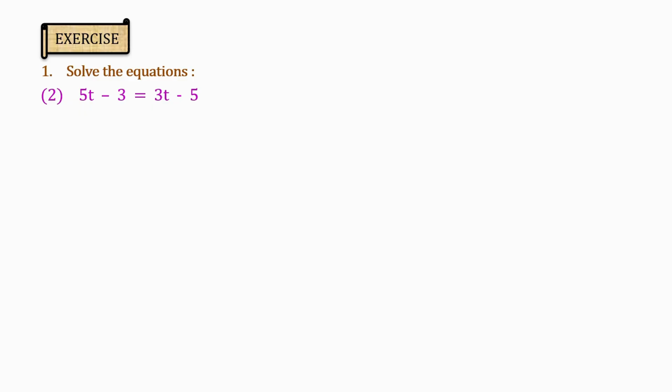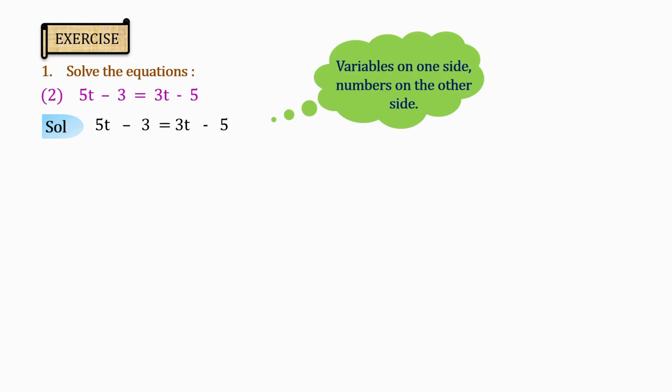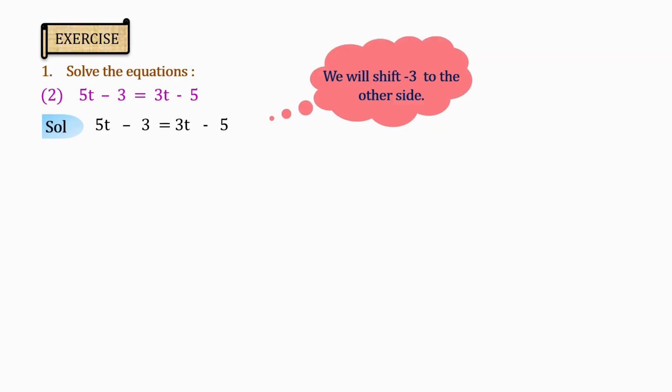5t minus 3 equal to 3t minus 5. So same rule, variables on one side and numbers on the other side. So in this case, we are going to shift minus 3 to the other side.